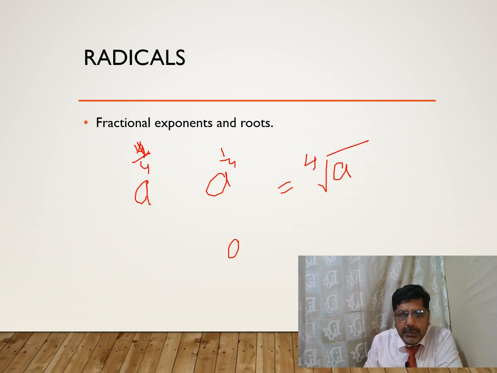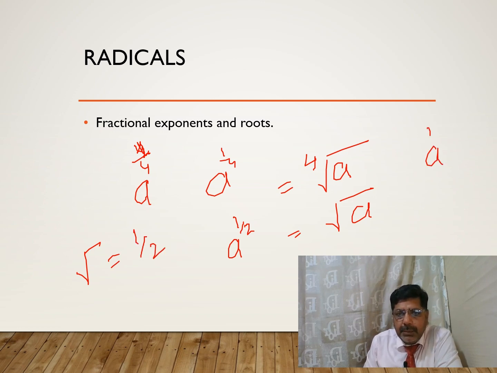And if it is 1 over 2, it will be only the square root of a, because it's understood that the root is 2. So any fractional power, like a to the 1 over 7, will be the 7th root with a inside. This is how we tackle fractional exponents and roots.